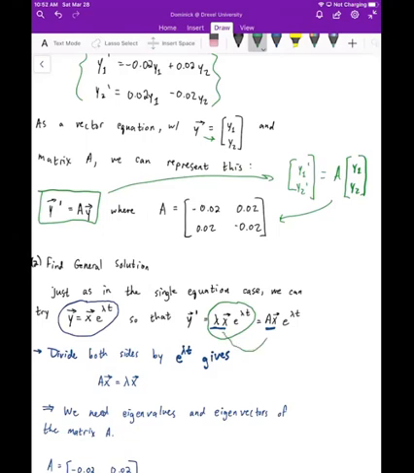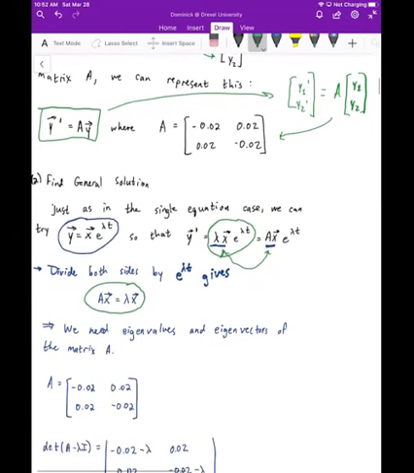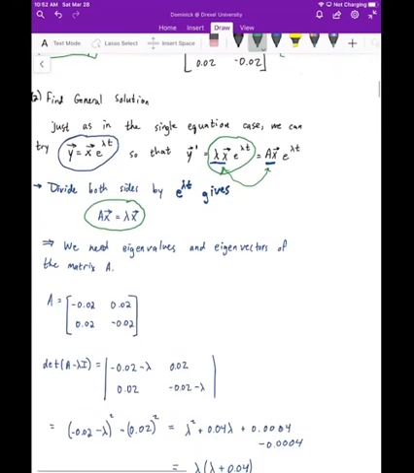But again, we know that for any matrix equation, if we have lambda x, that's the same as A times x. And now if we divide both sides of this equation by e to the lambda t, we're getting an eigenvalue problem, right? So we have our coefficient matrix A times some vector x is equal to lambda times that same vector x. Right, so what does this mean? This means we need to find the eigenvalues and eigenvectors of our coefficient matrix A.